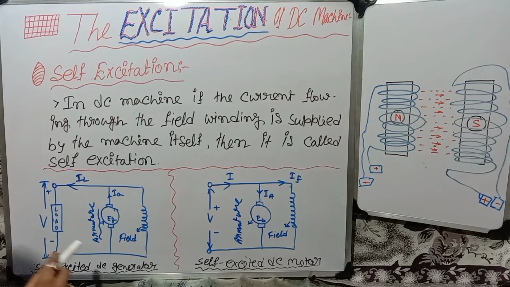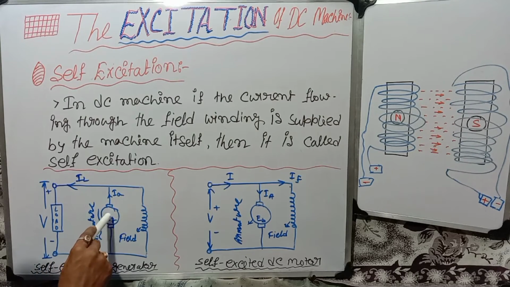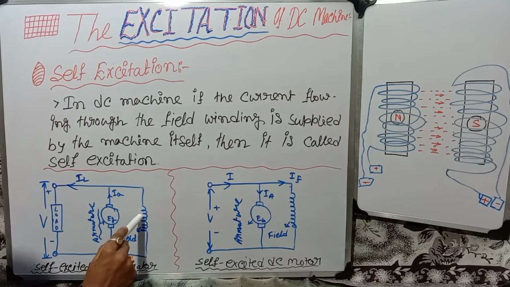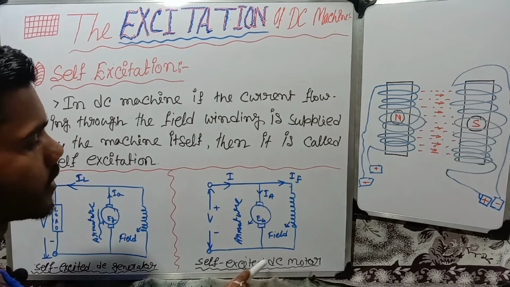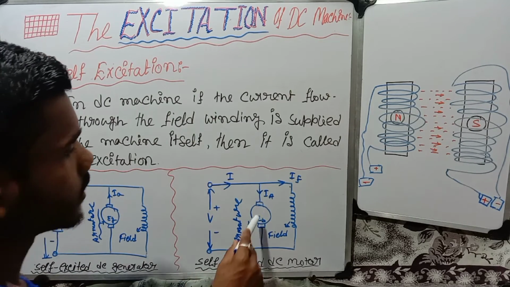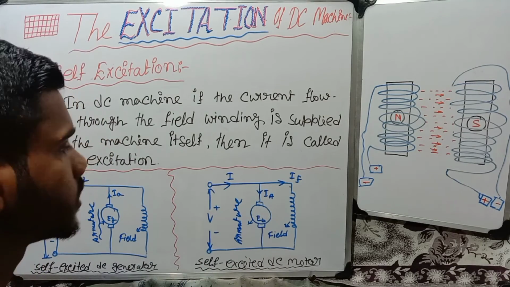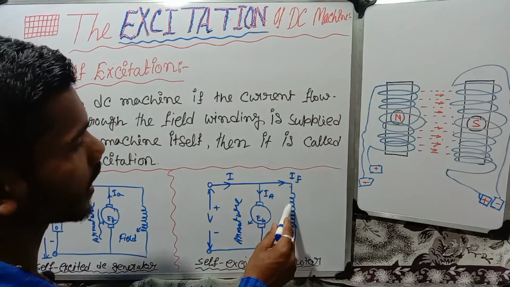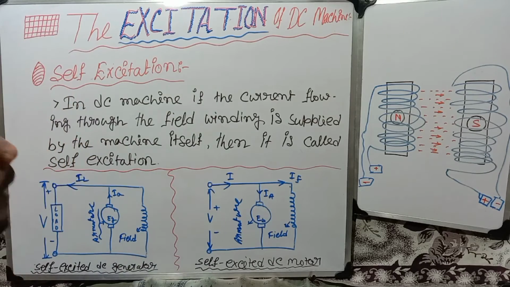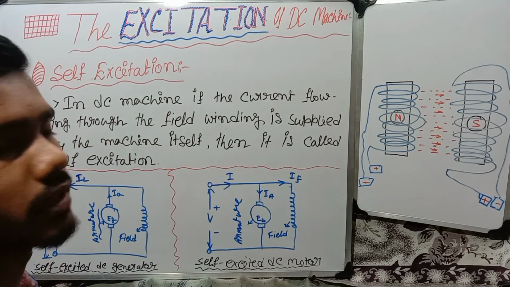You can see in this self excited DC generator diagram, the armature and field supply current or voltage in the DC machine is similar to the self excited DC motor. In the DC machine, we can see the armature and field winding have the same DC supply, right?